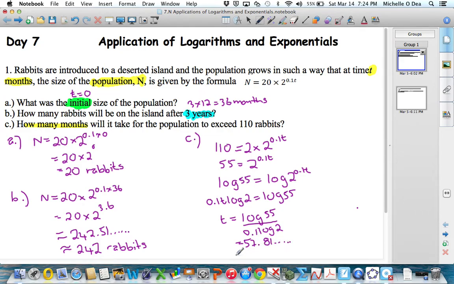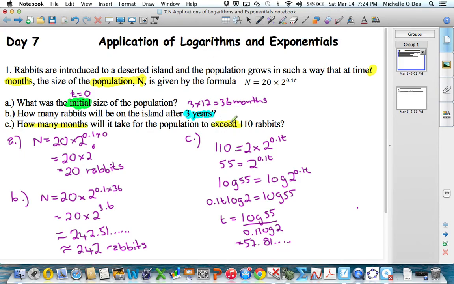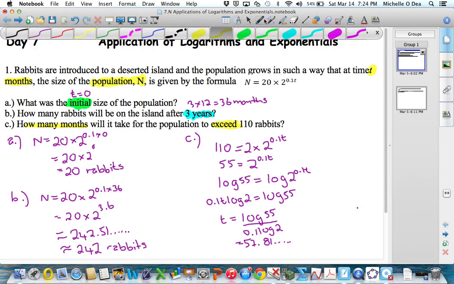Now let's go back to the question. Key word again here is exceed. Exceed 110. So we said here it's exactly 110. So in 57.8 months it will be 110 rabbits. So normally when we talk about months we talk about whole months.